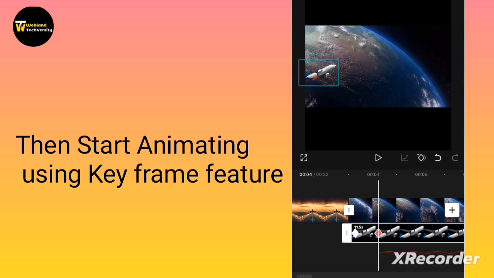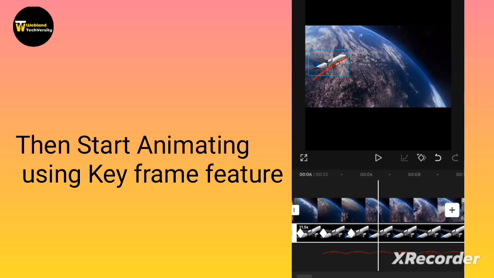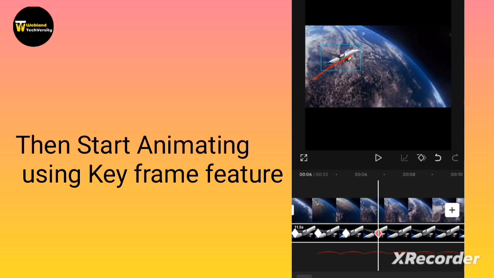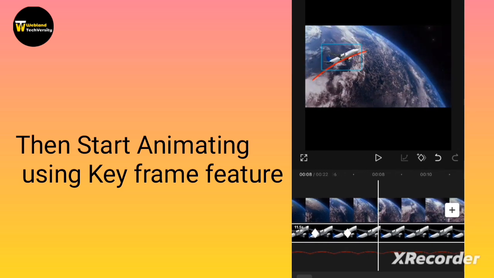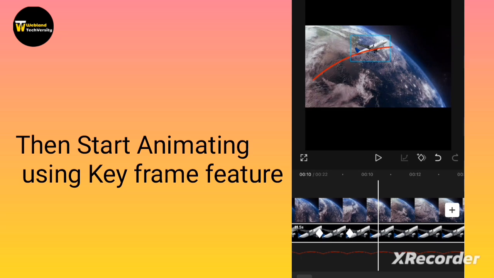So the next thing you have to do now is to move the airplane, to put keyframes onto the airplane. Each time you press on the keyframe, you move the airplane a little bit.